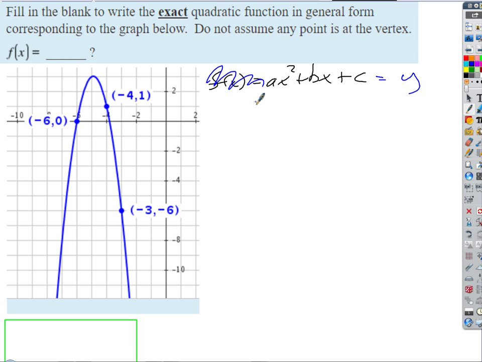And then let's color code this. This point right here we're going to call red. So I'm going to get a times -6 squared plus b times -6 plus c equals 0. Right? Everybody see that?